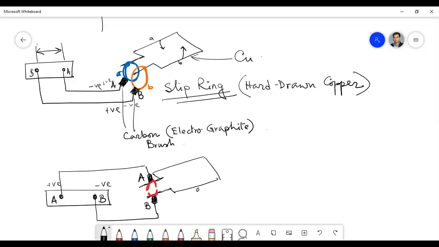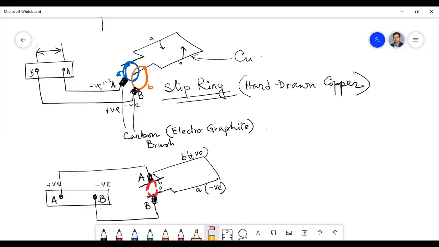Now A will come here and B will go there, and here the ring will be, because this ring is always in contact with small a and this ring is always in contact with small b. That means the A ring will be down and B ring will be up. And as we can see from the above graph, there the A will be positive, sorry, B will be positive and A will be negative.